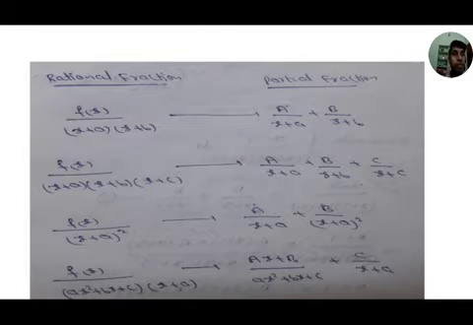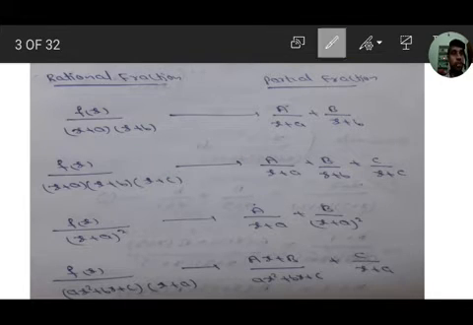What are partial fractions? If a rational fraction contains f of x by (x plus a) into (x plus b), then its partial fractions are A by x plus a plus B by x plus b, because here the denominator contains non-repeated linear factors.